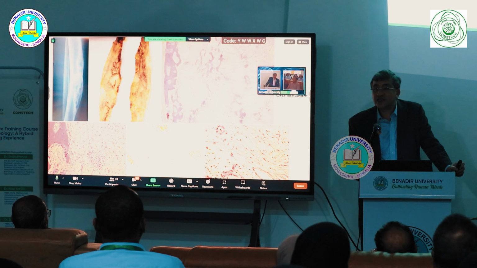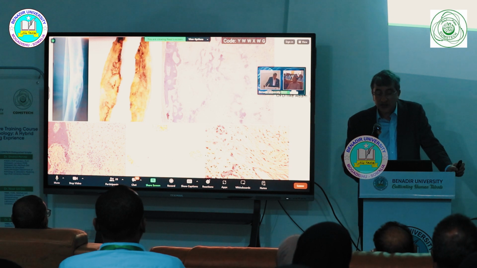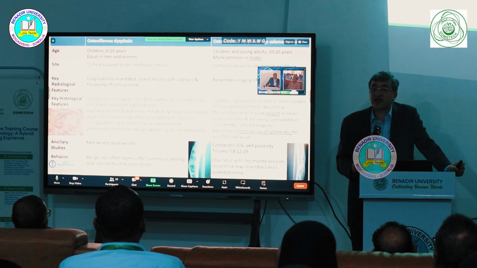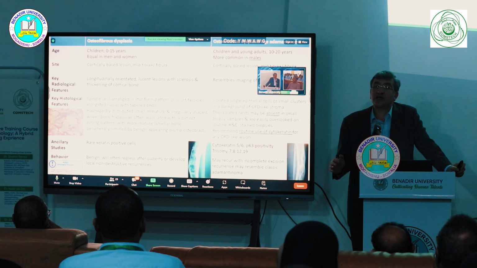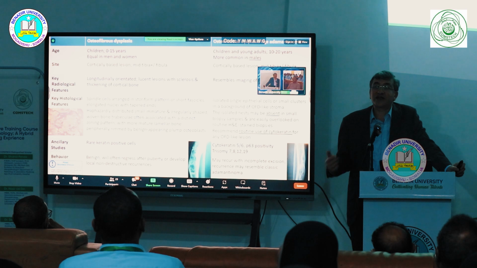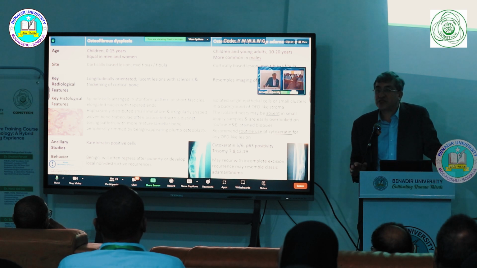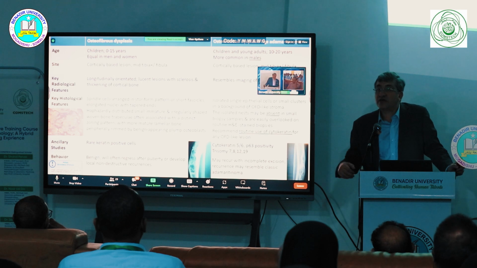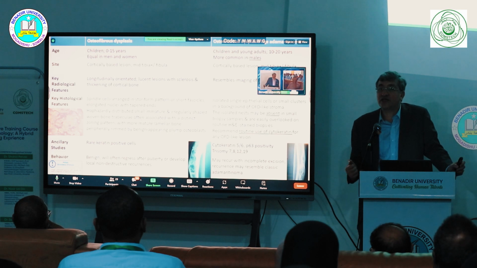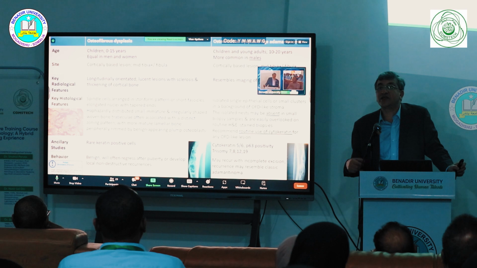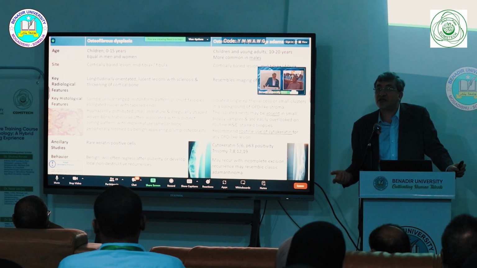So why is this distinction important? Because osteofibrous dysplasia-like adamantinoma is aggressive. Osteofibrous dysplasia, even without treatment, regresses after puberty. But the osteofibrous dysplasia-like adamantinoma may progress to well-differentiated or classic adamantinoma, and then it can recur and metastasize.